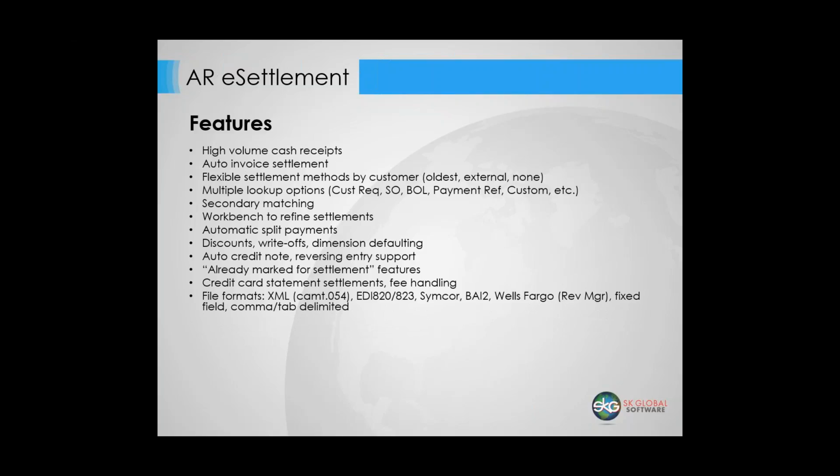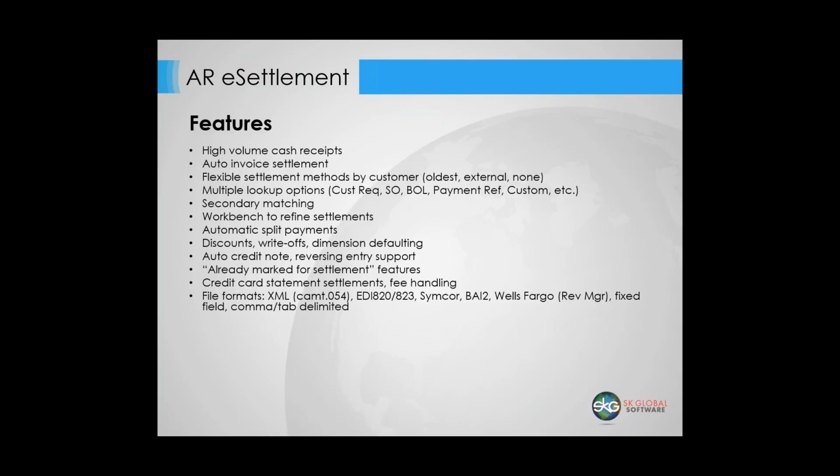In terms of formats, the files that come into this module can be wide and varied, and some of those are listed there. The CAMT.054 is part of the ISO 20022 standard, more recently being adopted in Europe. EDI 820, 823, common usage here in the U.S. SimCore is a Canadian format. BAI2 is commonly used in North America.